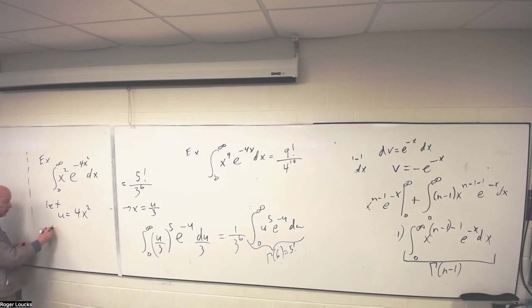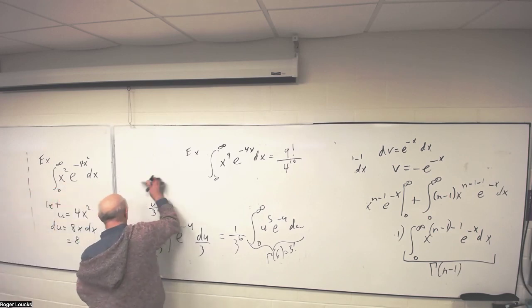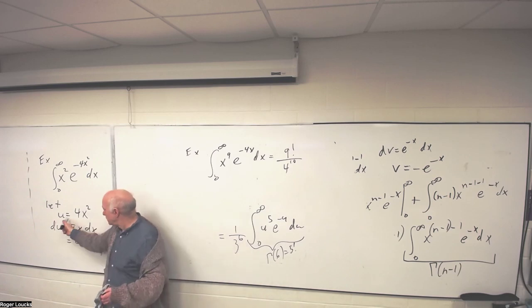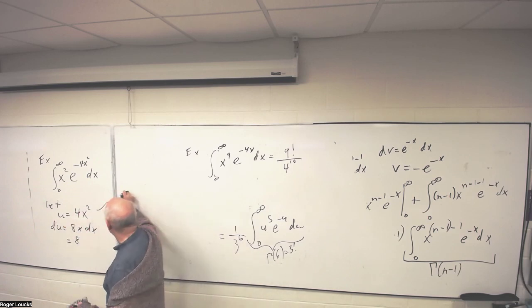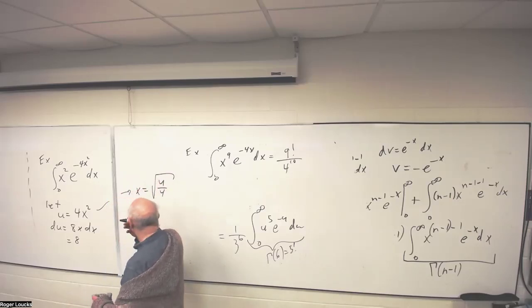And then du is 8x dx. So what is my buddy x? I take over my 4, take the square root, so x is the square root of u over 4.